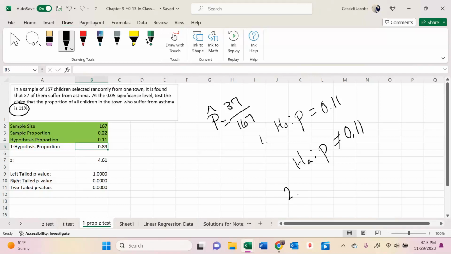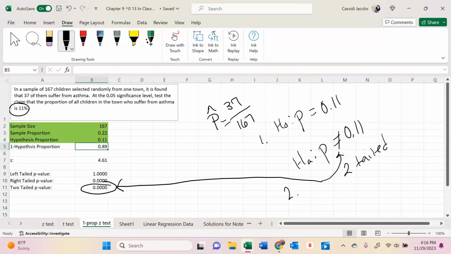So in step 2, because of the not equal to right here, we are going to look at the two-tailed. So here you see the p-value is extremely small. It's going to round to 0.